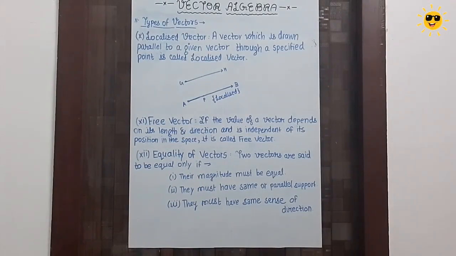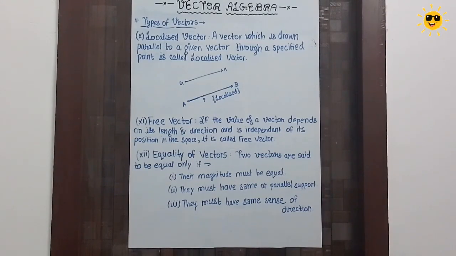Then coterminous vectors having same terminal point. Then collinear vectors having same or parallel supports. Then negative of a vector having same magnitude but opposite direction. Reciprocal of a vector having same direction but its magnitude is reciprocal of the given vector's magnitude.